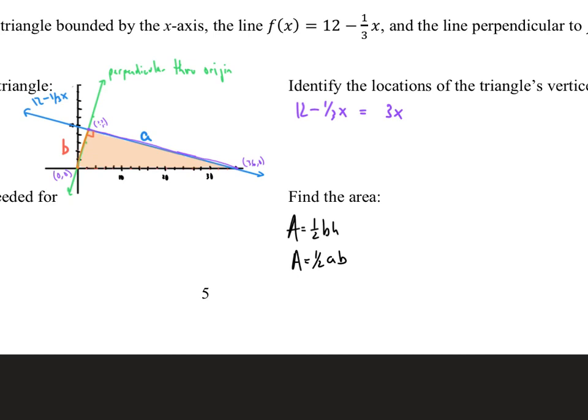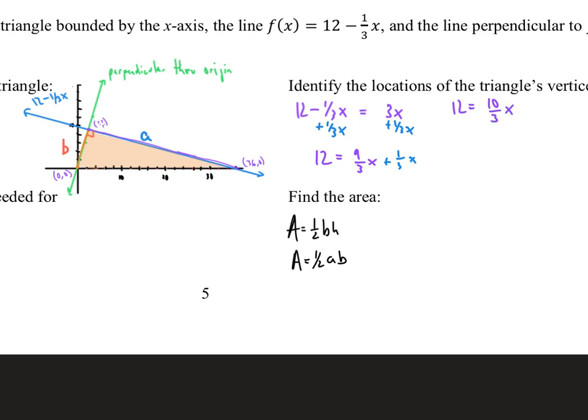In order to solve this, I'm going to add 1/3 x to both sides. It's 12. So 3 is 9/3 plus 1/3 x. So that means that 12 is equal to 10/3 x.